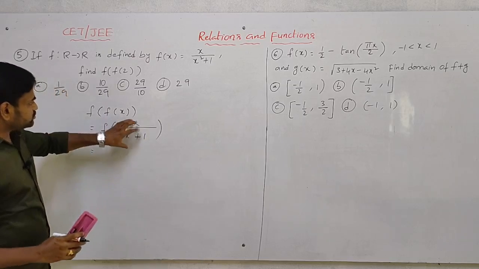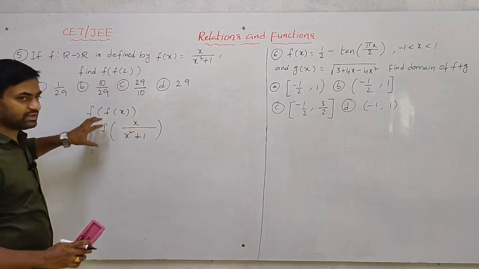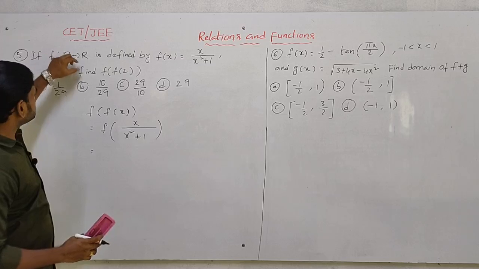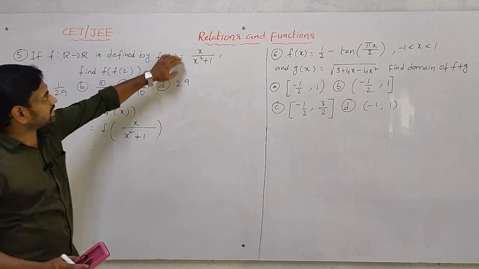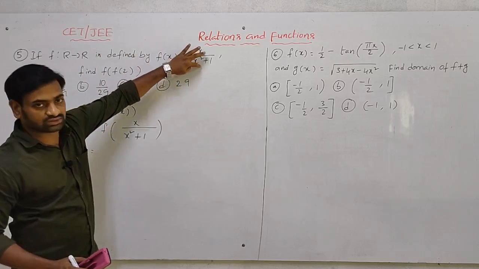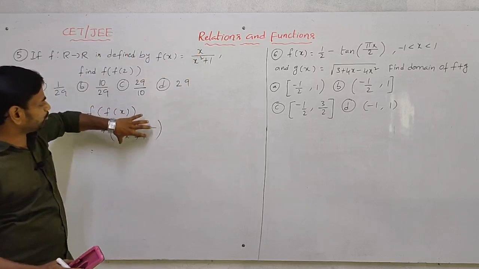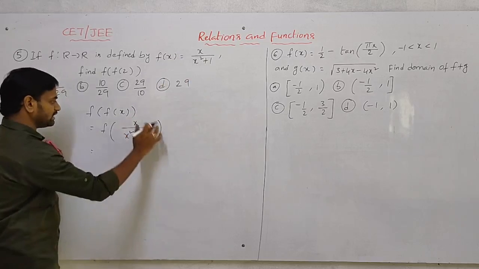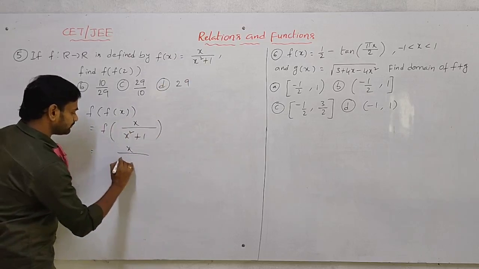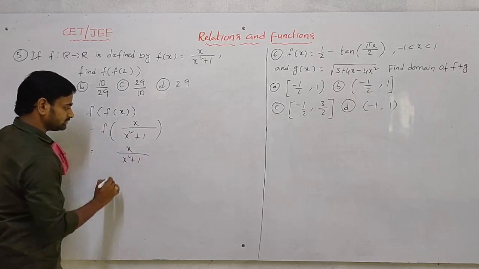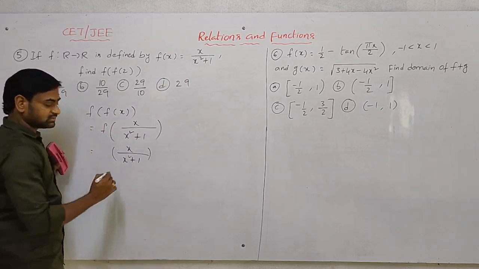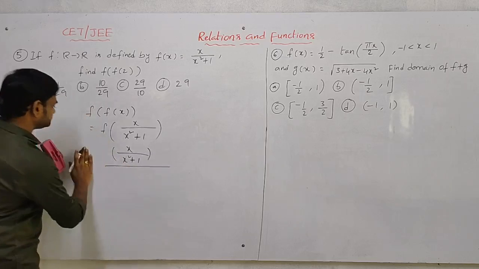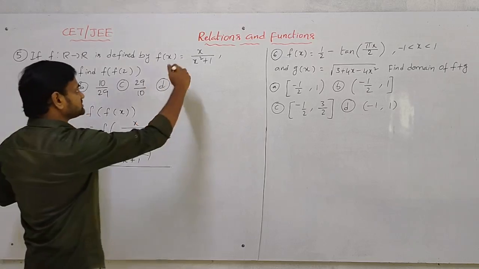So, substitute this entire value in the f of x again. See here, f of x is x by x square plus 1. So, in place of x, we have to put this value. That is x, first x means this entire value, x by x square plus 1, this is x, whole divided by, next x square is here.